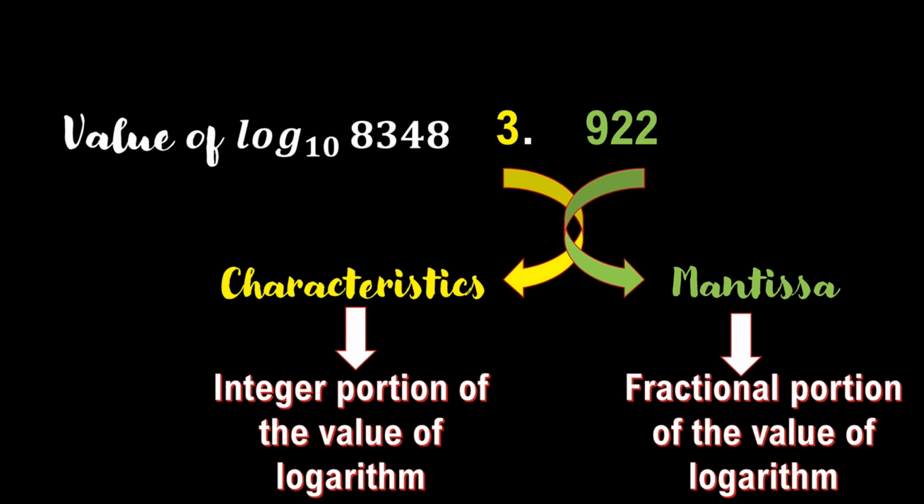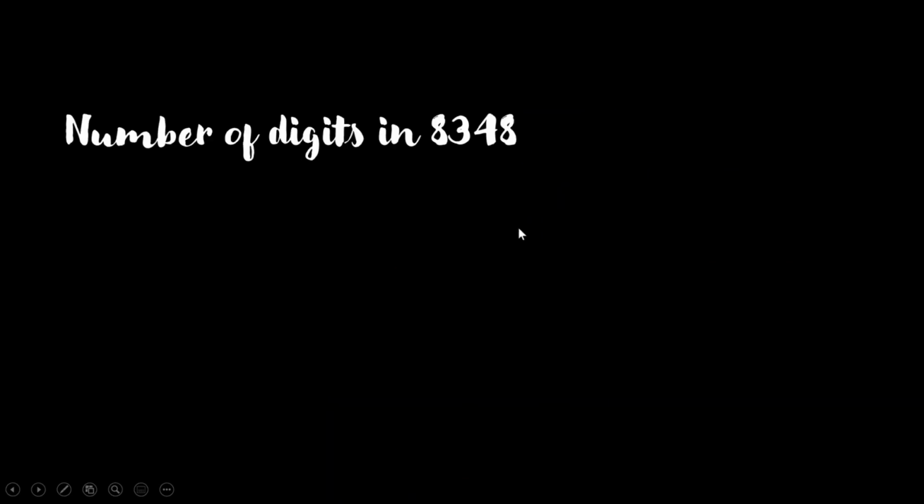The fractional portion is called the mantissa. Now just remember that the logarithm of 8348 is 3 point something. What is our conclusion then? That if the number of digits is 4, because here we have 4 digits, ones place, tens place, hundreds place and thousands place, so the total number of digits is 4.